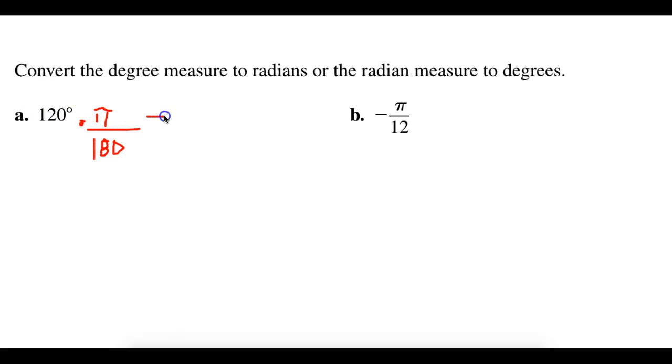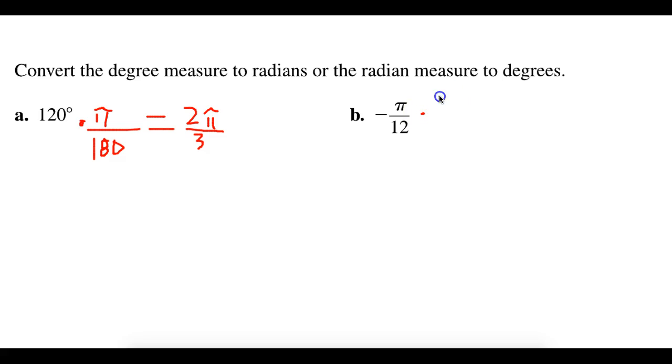When we take 120 over 180 and divide the top and bottom by 60, we end up with 2 pi over 3 radians. All we've done is simplify our fraction. So to go from degrees to radians, you just multiply the degrees by pi over 180 and then simplify the fraction.